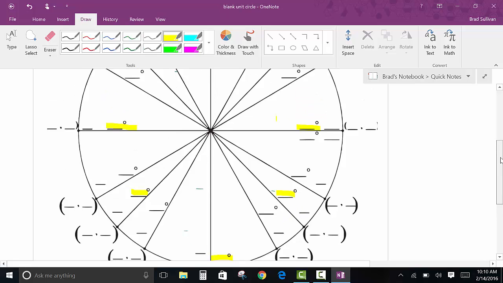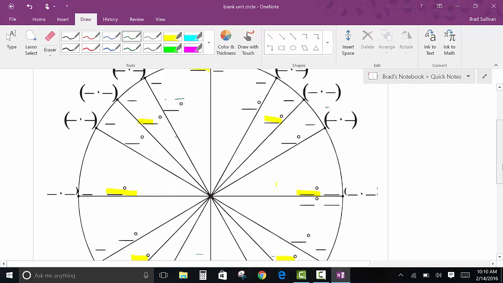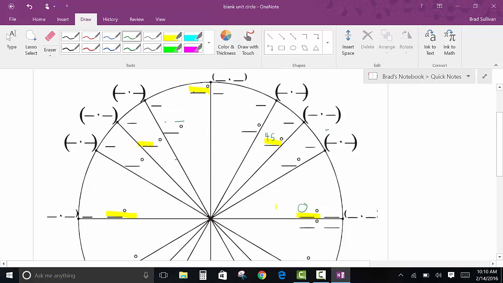Now I'm going to fill in the degree measures on these, because what I'm doing is counting by 45s. If I start here, that's going to be 0 degrees. Then this is going to go to 45 degrees. And then this is going to go to 90 degrees.